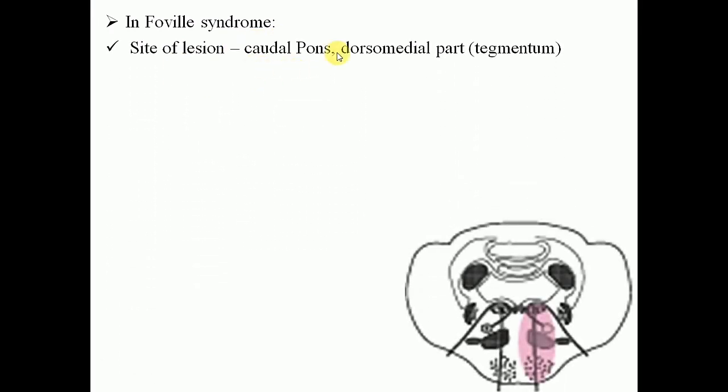Whereas in Foville syndrome, where the site of lesion is again in the caudal, that is lower part of the pons, but more dorsomedially, also involving the tegmentum part.